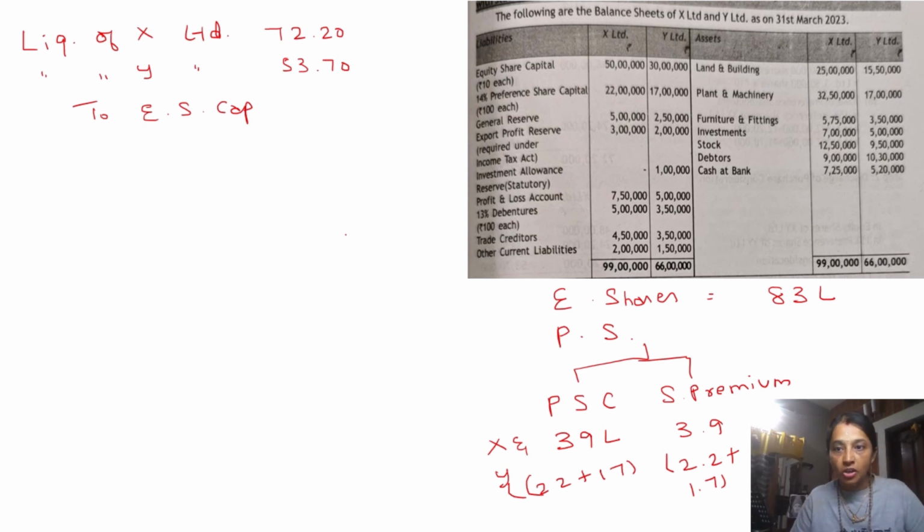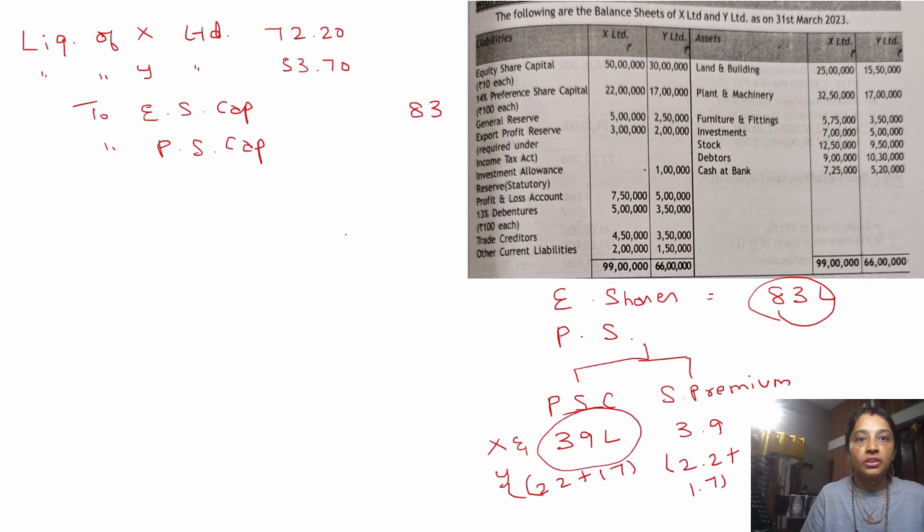Equity share capital is how much? Equity share capital is 83 lakhs. So 83 lakhs equity share capital, to preference share capital. How much is the preference share capital? Look here to the right side of your screen. Preference share capital is 39 lakhs. And how much are we transferring to securities premium?